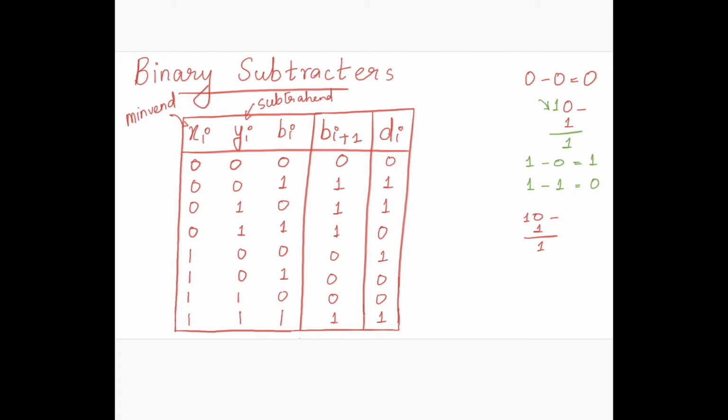Now we can write the expression from this diagram. The expression will be written using the min terms. Directly we can write the min terms. First we will write for di.